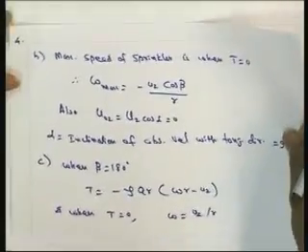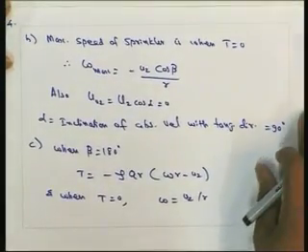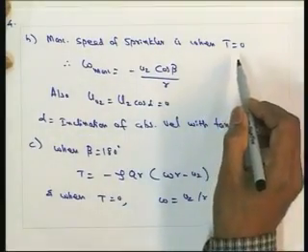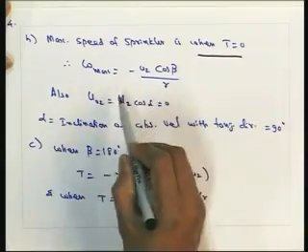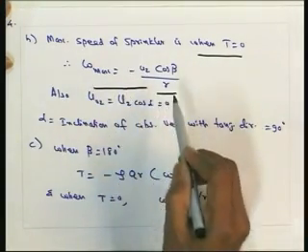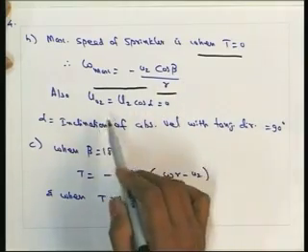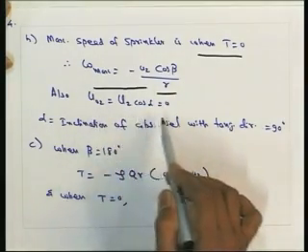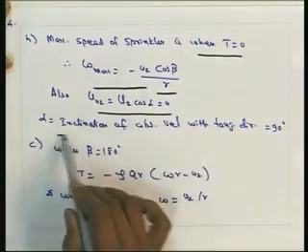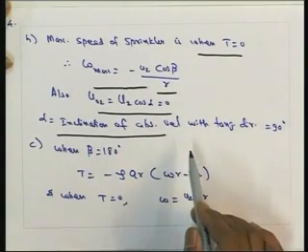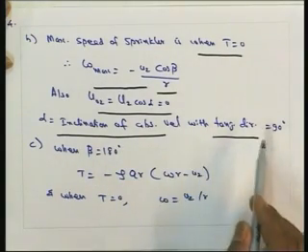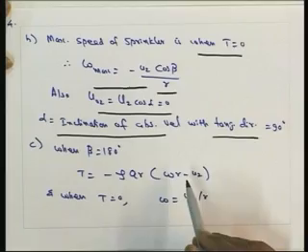Now if you want to find out the maximum speed of the sprinkler, say when torque is equal to 0, we can write omega max is equal to minus U2 cos beta by R. Also we can write UV2 is equal to U2 cos alpha is equal to 0, where alpha is the angle of inclination of the absolute velocity with respect to the tangential direction, which is equal to 90 degrees here.